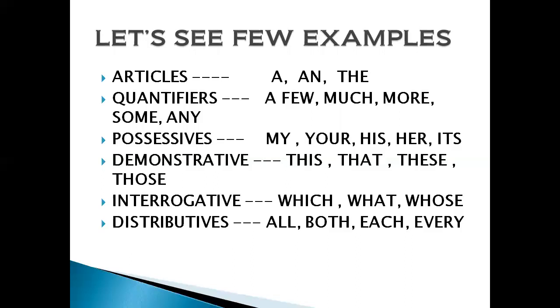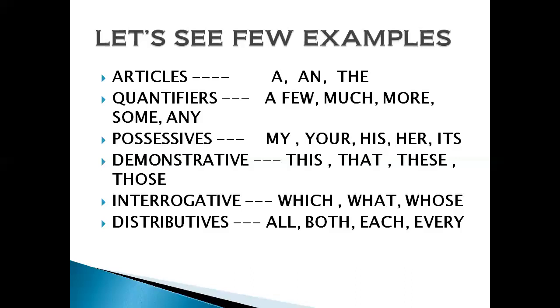Now, quantifiers. Quantifiers tell you about the quantity of a noun. Examples are a few, much, more, some, any. Possessive determiners tell you about the ownership of a thing. Examples, my, your, his, her. Demonstrative determiners tell you about the distance of a thing. Examples, this, that, these, those.